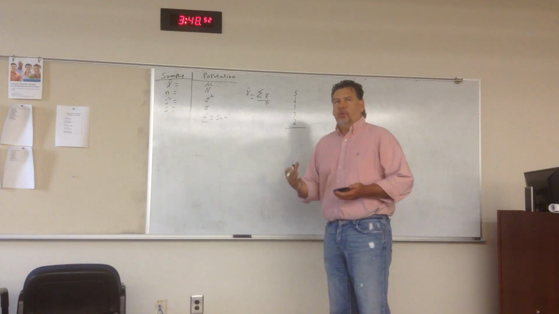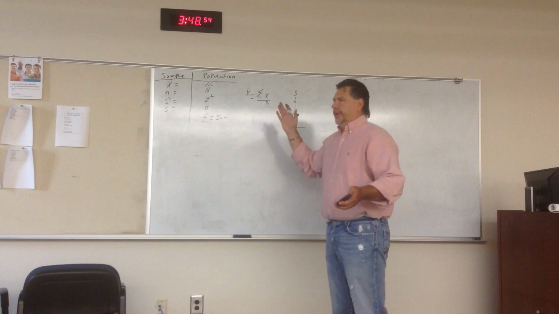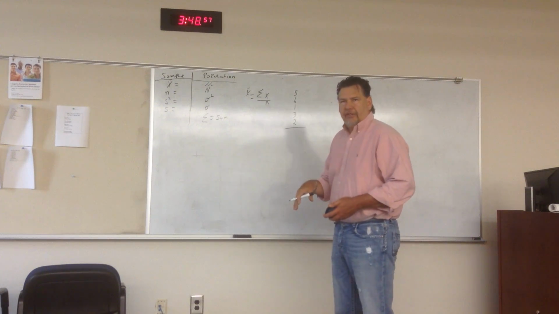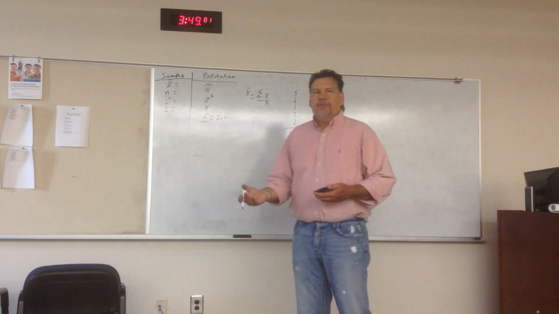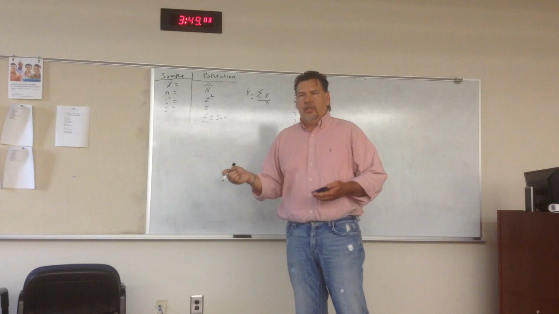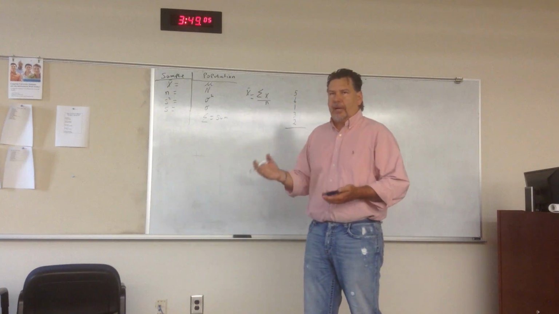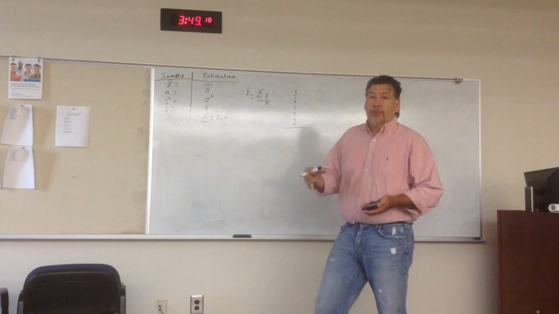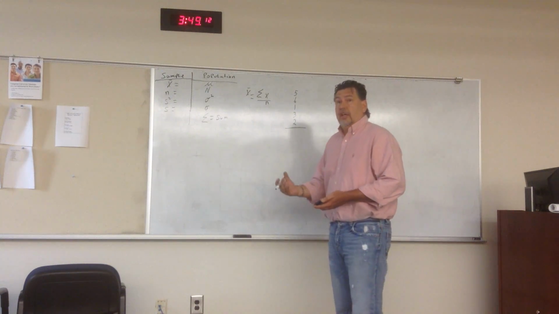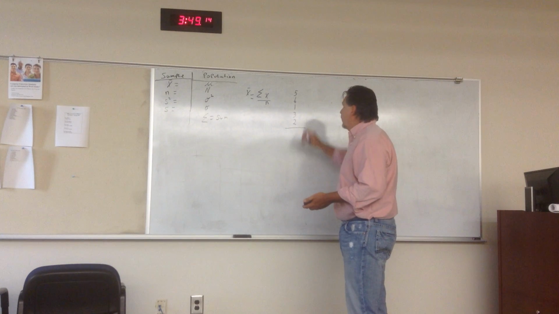I'm not going to torture you and make you do data sets of 25 or anything like that. We're going to do small data sets because most of the time we just use computers to compute these things, but I want you to know exactly where the numbers are coming from and how the computer actually computes these values.